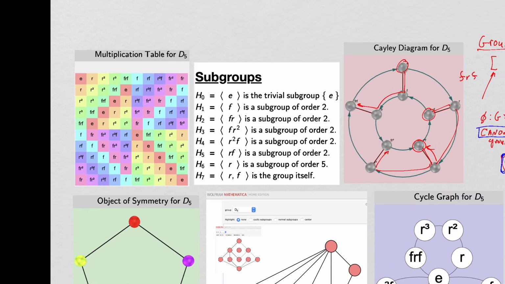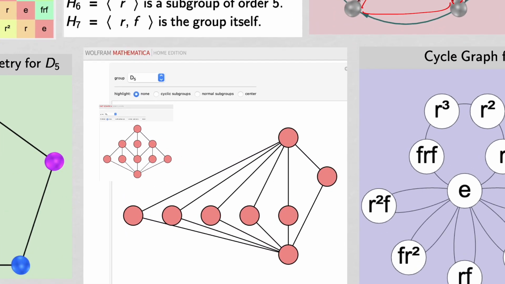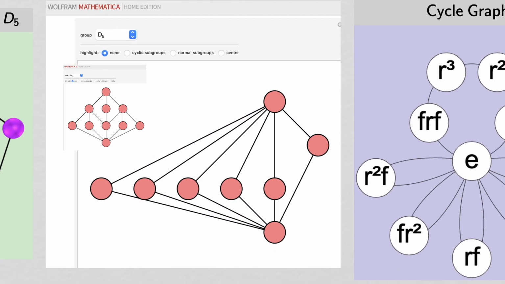For example, we're going to create the subgroup lattice, right? Once I declare the group, there's a subgroup lattice, and these are all the subgroups of the group. So there is a set of all the subgroups of the group D5, right? It contains the identity group, it contains D5 itself, and then all these other subgroups, which is the group generated by R, that goes there, and then the group generated by a flip, and that goes there, right?